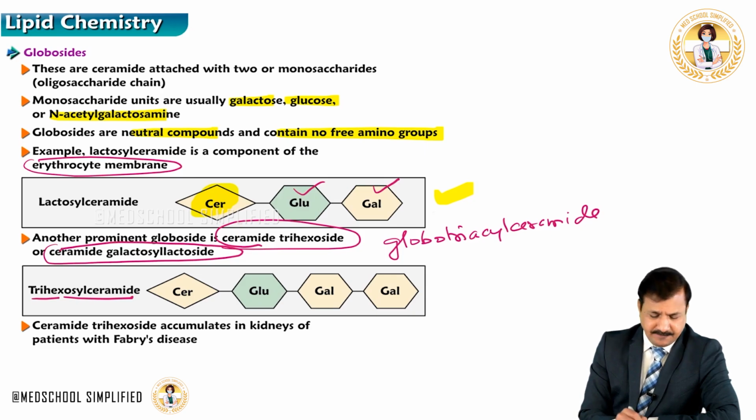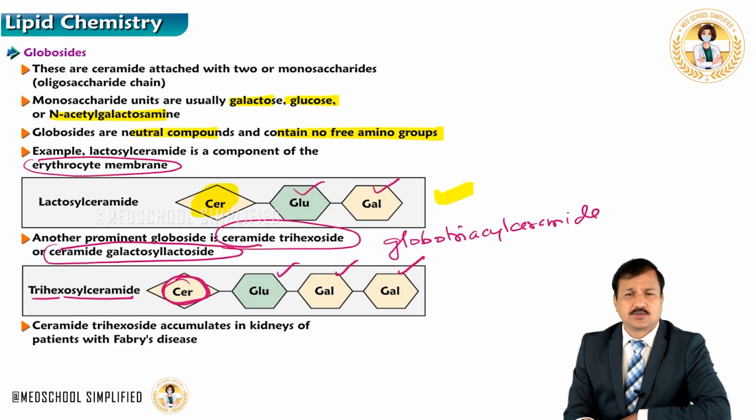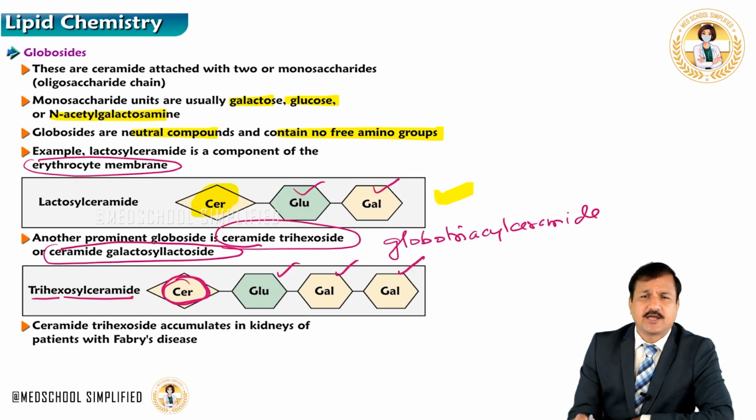Trihexosylceramide, as you can see, has a ceramide, which is the basic structure, and then three hexoses are attached to it: glucose, galactose and galactose. Glucose and galactose are, as you know, 6 carbon containing monosaccharides, hexoses. So three hexoses are attached to ceramide, that's why it is called trihexosylceramide.